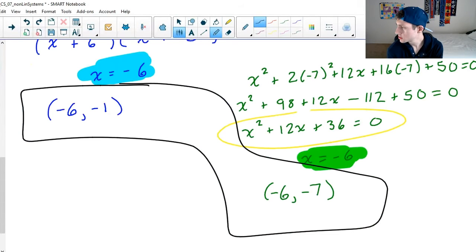I showed you guys on last week's that, so this is where these two conics intersect, right? When we solve a system, if we're thinking about that as a graph, it's just where there's curves intersecting with each other. So if we looked on the graph, we would see that at negative 6, negative 1, and negative 6, negative 7, these are intersecting each other.